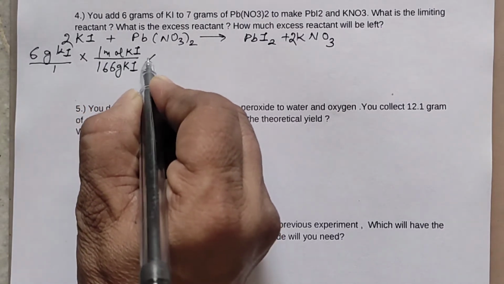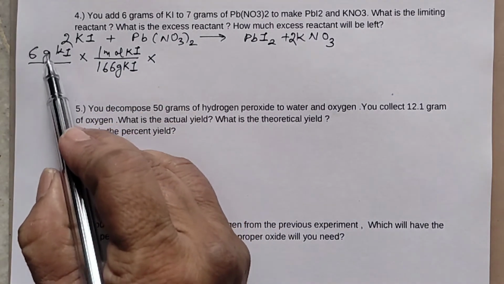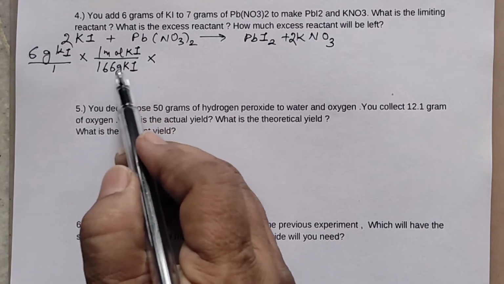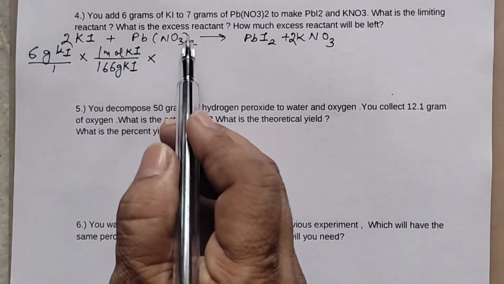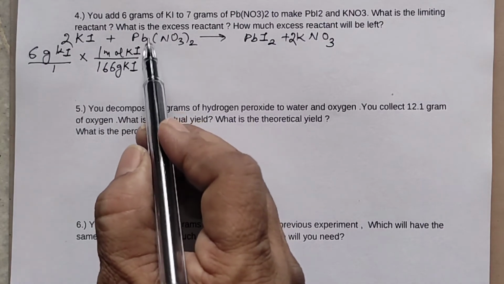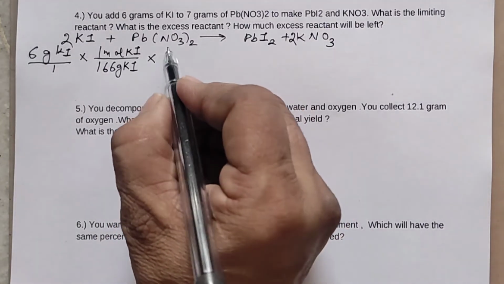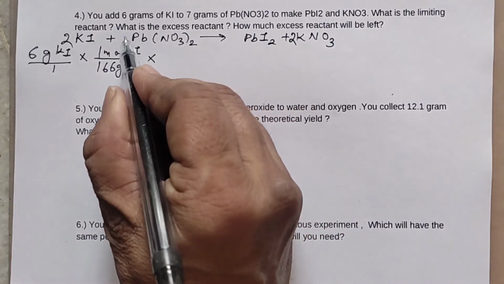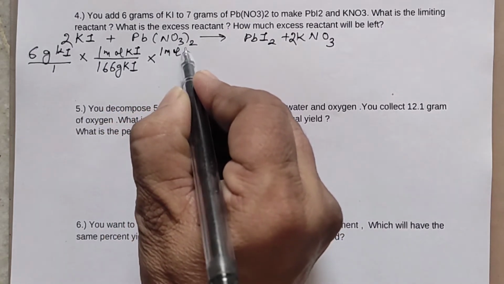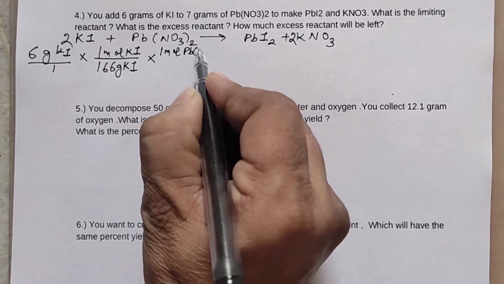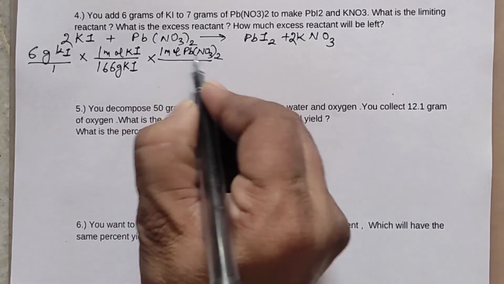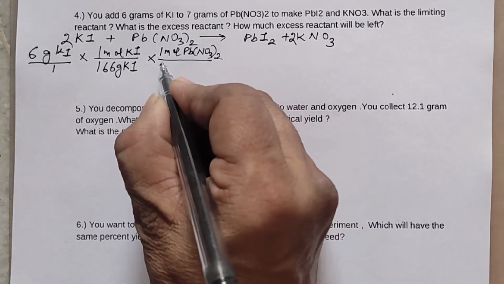Now, the first step is done. We have converted the weight into moles. Now we have to convert these moles of potassium iodide into how many moles of lead nitrate, comparing their molar ratio. What are we calculating for? Lead nitrate. So for lead nitrate, what is the coefficient? 1 mole. So we will say 1 mole of lead nitrate divided by, what is the coefficient for potassium iodide? 2 moles.